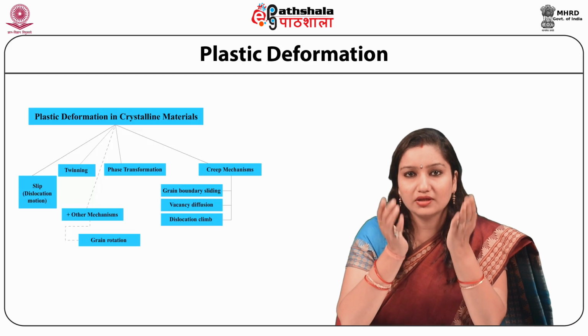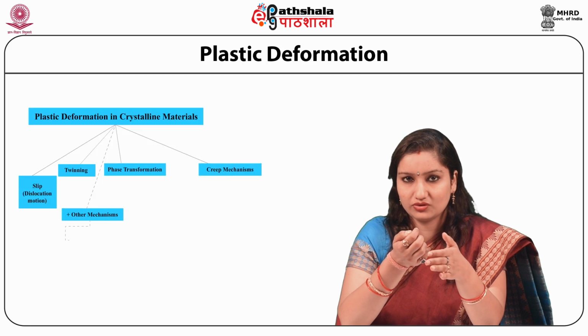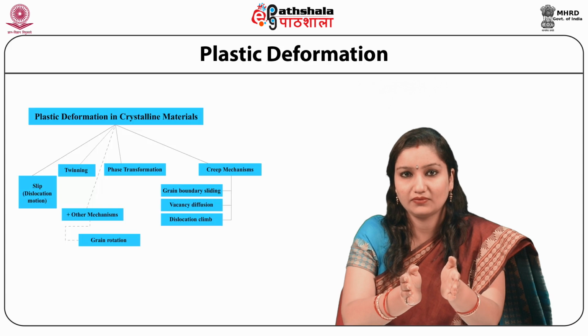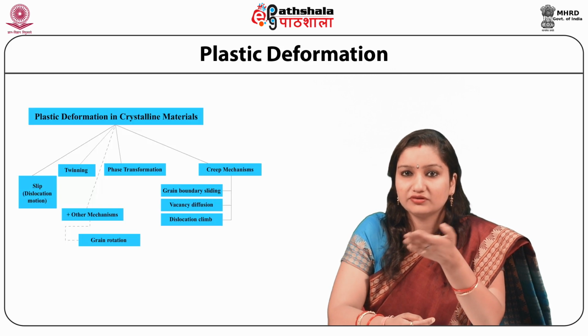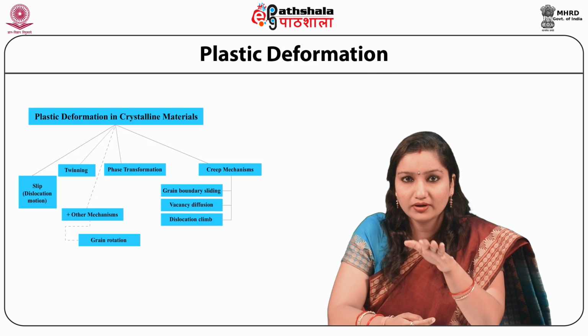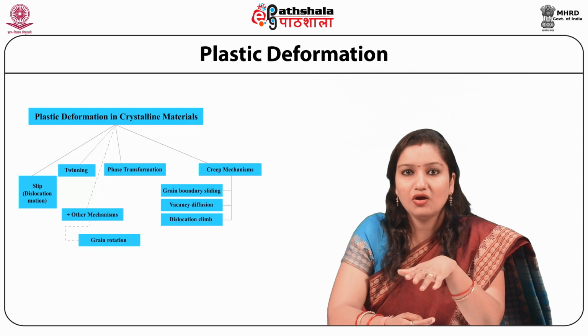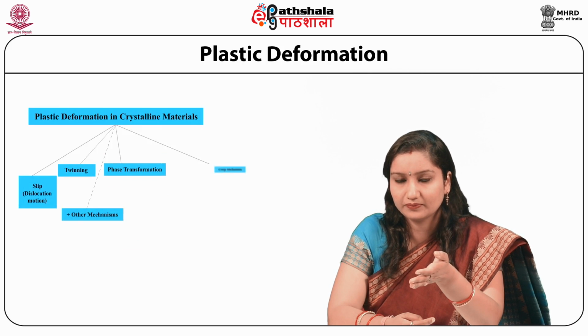So in the given figure, we can see the plastic deformation in crystalline materials. The plastic deformation can be of different types. In a broader category, we have 5 major categories of plastic deformation in crystalline materials.